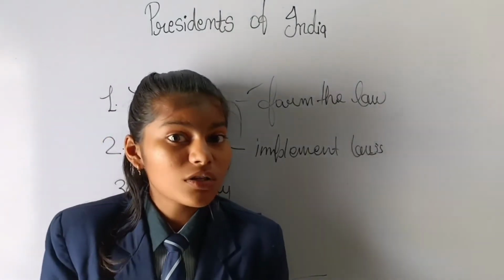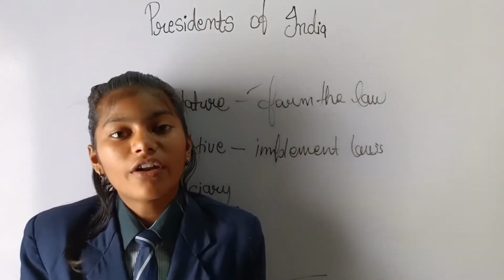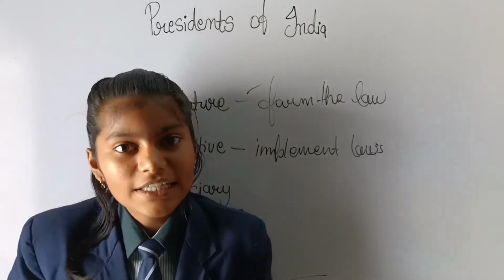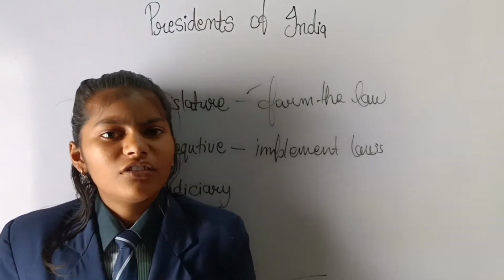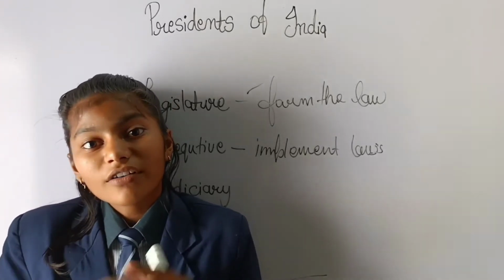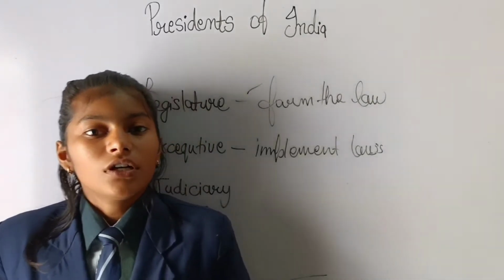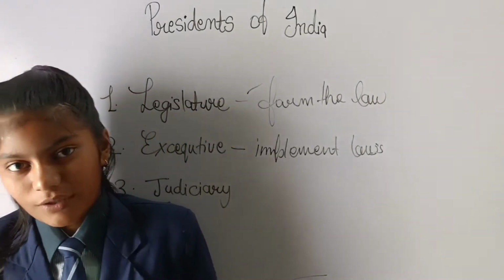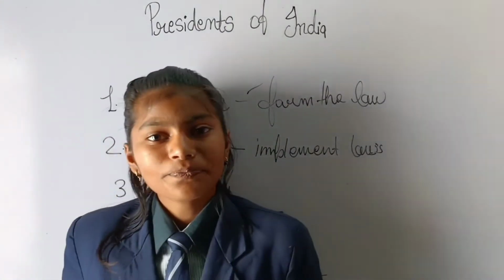It also plays a great part in ensuring that political leaders work within their limits with their powers, and that they do not destroy the rights and provisions of the Constitution and the fundamental rights. So these are the organs of the government.